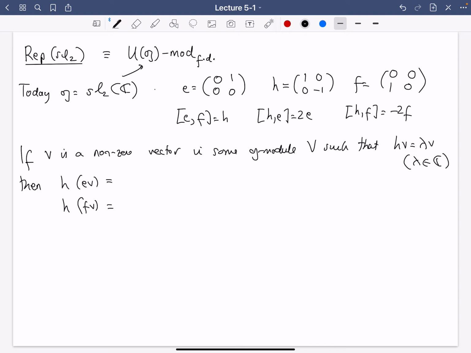H on EV is lambda plus 2 EV, and H on FV is lambda minus 2 FV.